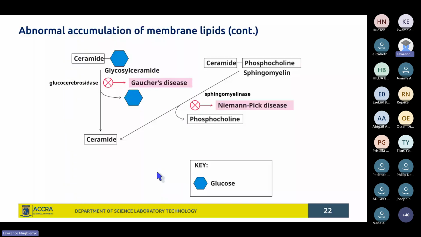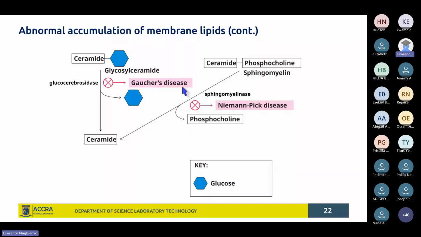There is also deficiency of glucocerebrosidase, which breaks down glucosylceramide by cleaving off the glucose residue from ceramide, giving a ceramide that goes into recycling of other membrane lipids. The condition where glucosylceramide accumulates is Gaucher's disease.